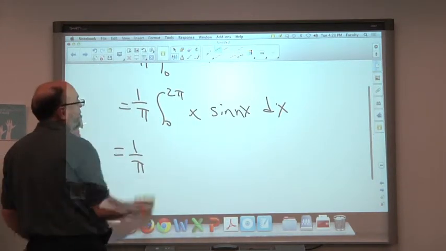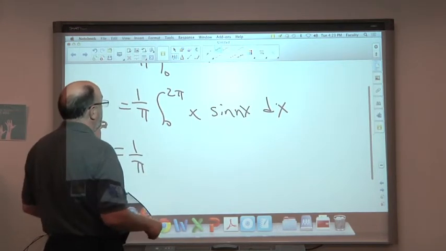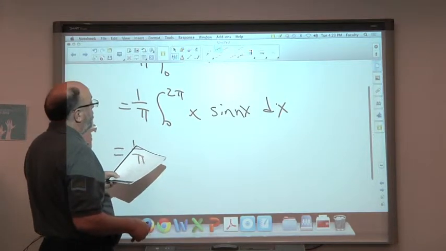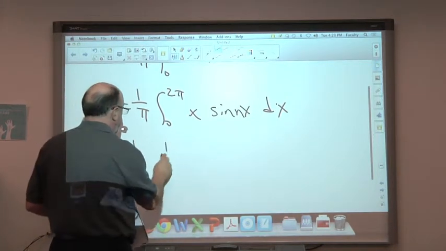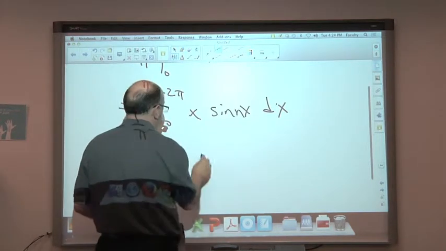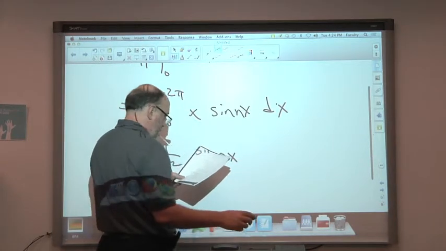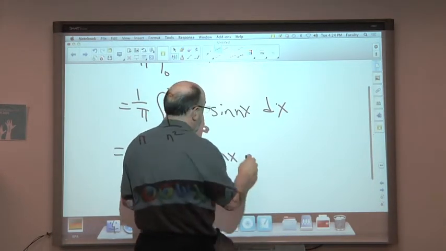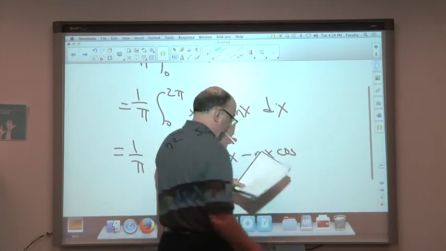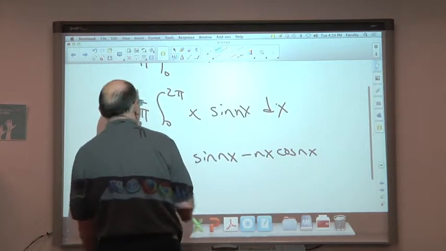And so if I integrate this by using the table, we find out that this part will be 1 over n squared, and then it'll be sine nx minus nx cosine nx for that part of it.